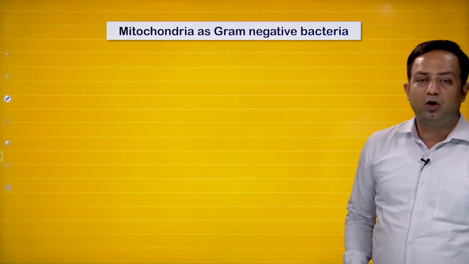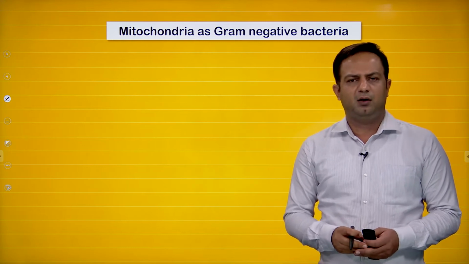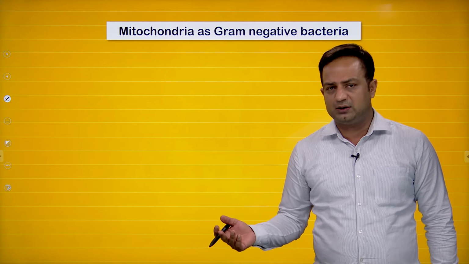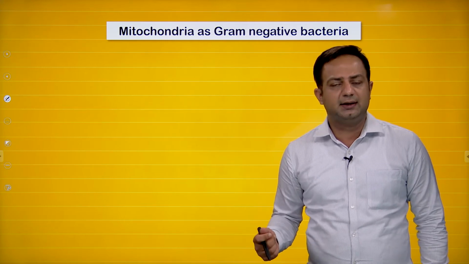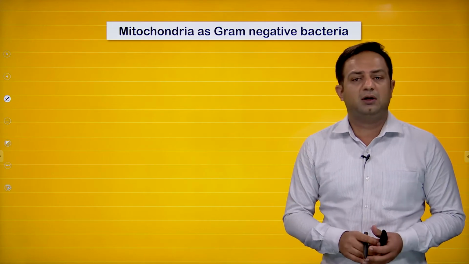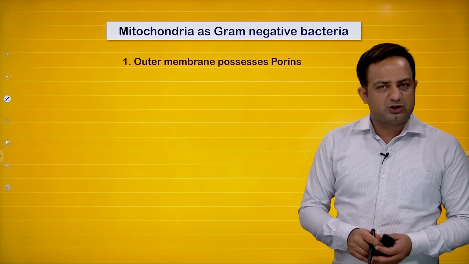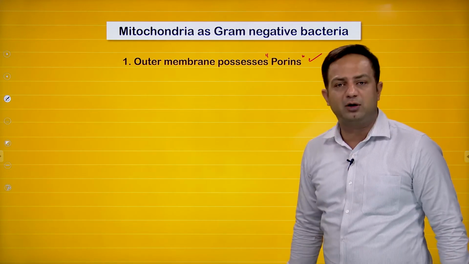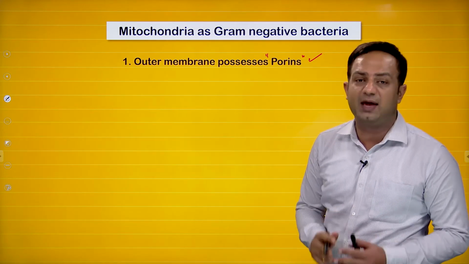Next, mitochondria and gram-negative bacteria. Why am I saying this, or what is gram-negative bacteria? There are certain characters which resemble each other in mitochondria and gram-negative bacteria. First, the two have porins in their outer membrane, due to which it is more permeable.